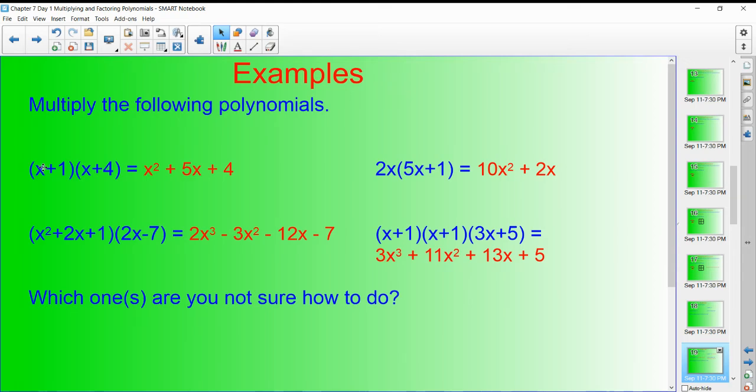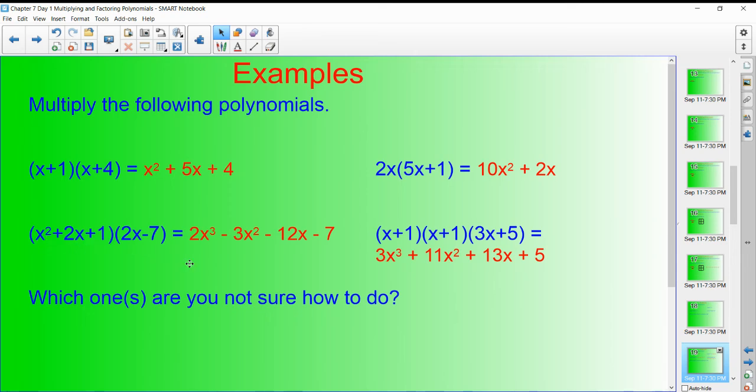This first one looks nice and, for lack of a better word, normal. It's a binomial times a binomial, so a FOIL works nicely on this. The second one, it's a single term called a monomial times a binomial, just distributive property. You can make the box or FOIL, just make sure the 2x gets multiplied by both terms.